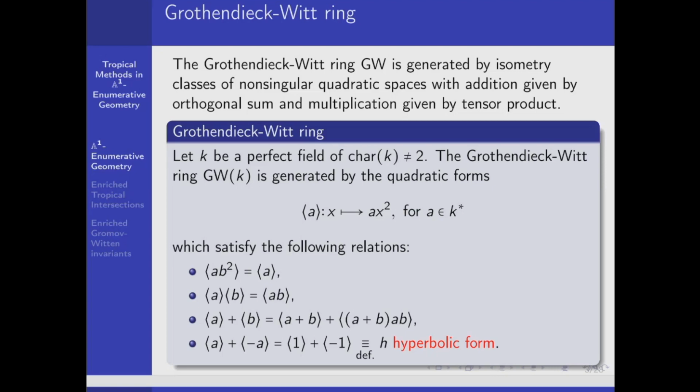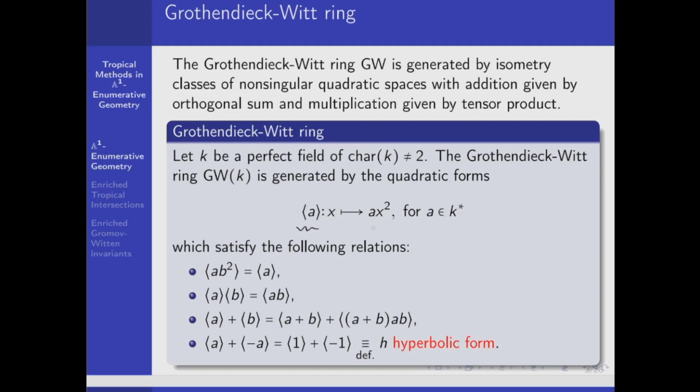It is generated in degree 1 by these forms that we call bracket a. These ones, right? That just go from K to K: you take x and send it to a x squared. We have non-degenerate forms, so a cannot be 0, so we take units, and those are all the generators that we have. And then we have the following relations.